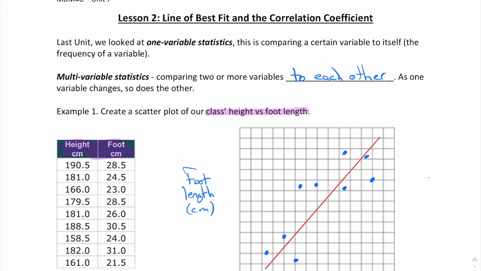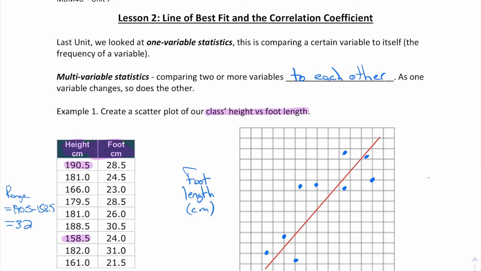When you do this by hand, the best thing to do is to identify where your highest and lowest points are. If I look at my height, I can figure out a range. My highest is 190.5 minus 158.5. That gives me a range of 32.